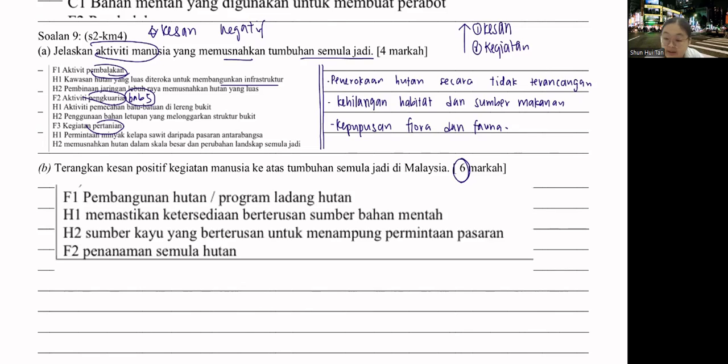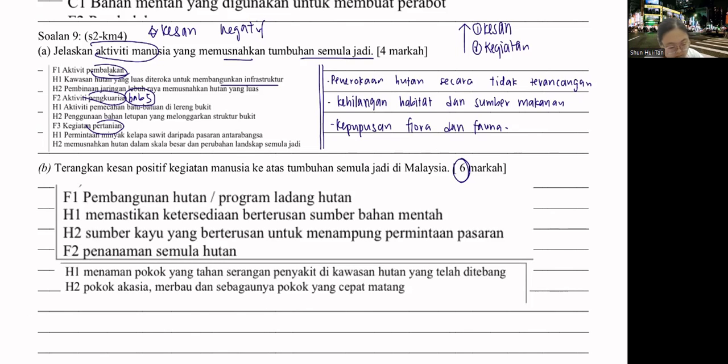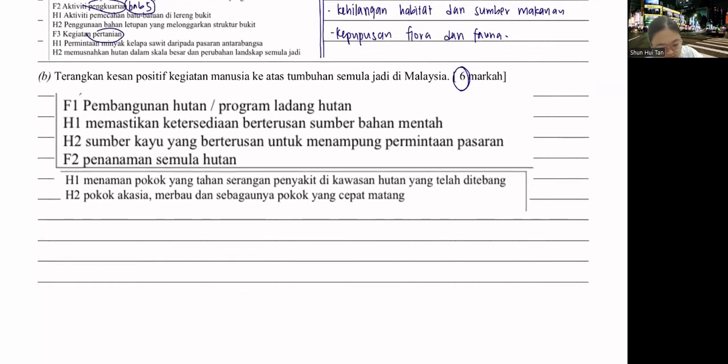Right, this is the first part of the answers, and this is the next part of the answer. Okay. Now, here, but let me change this. I think this is not very suitable.